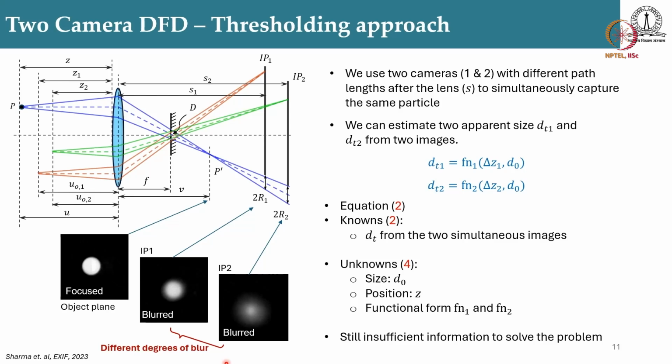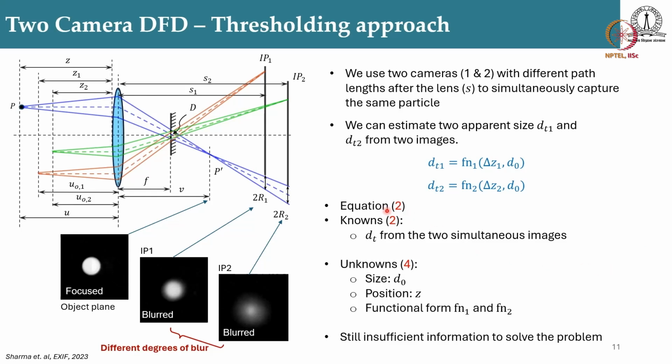So now if we have two simultaneous images with a different degree of blur for the same particle, we can use it to determine the actual particle. So for camera 1, we will have this functional form that we were discussing earlier. For camera 2, we will have this functional form. As the extent of blurring is different, the thresholded sizes will be different, and the delta z will also be determined based on their respective object planes. Okay, so now we have two equations.